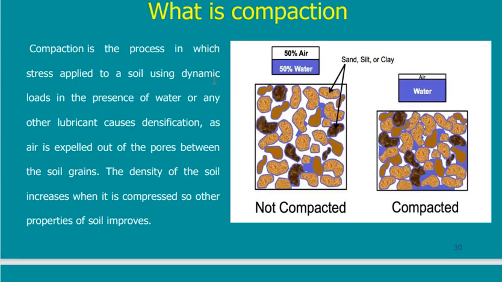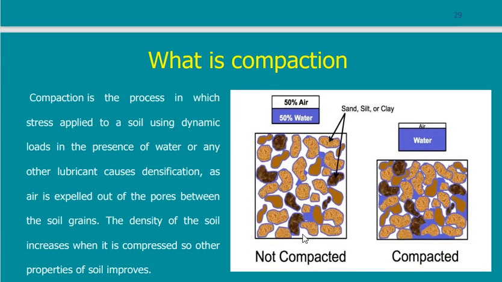The idea of compaction is that I have soil particles like this in a space, and say I have 50% water and 50% air within these voids. If I compact this, what will happen?